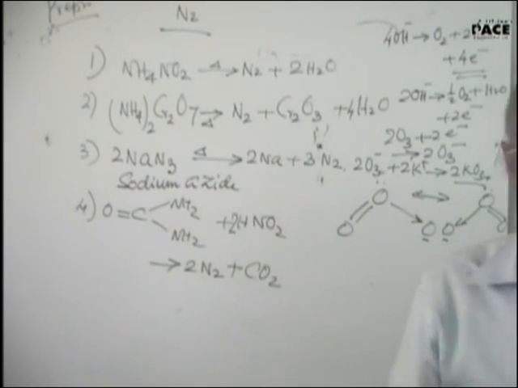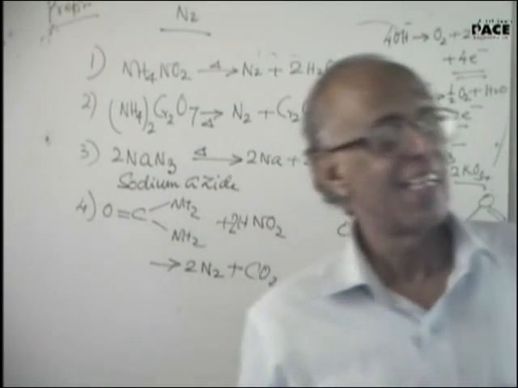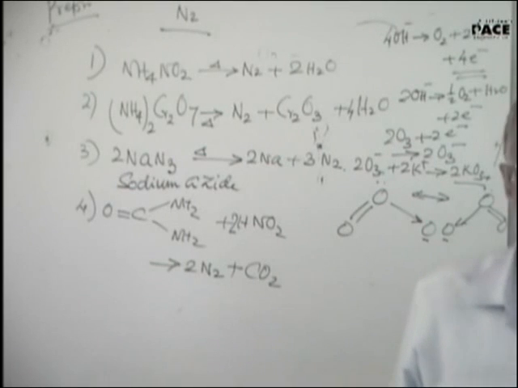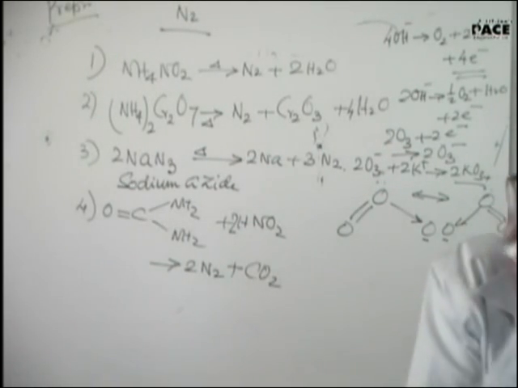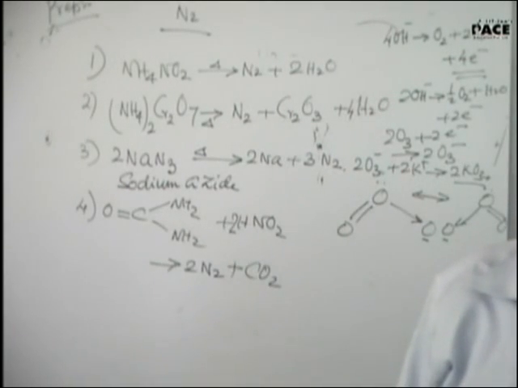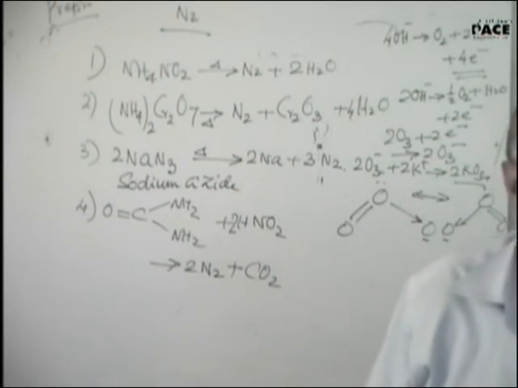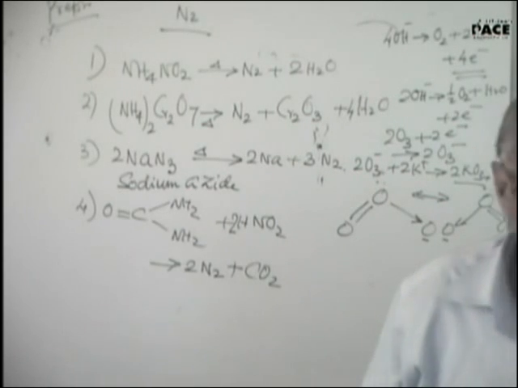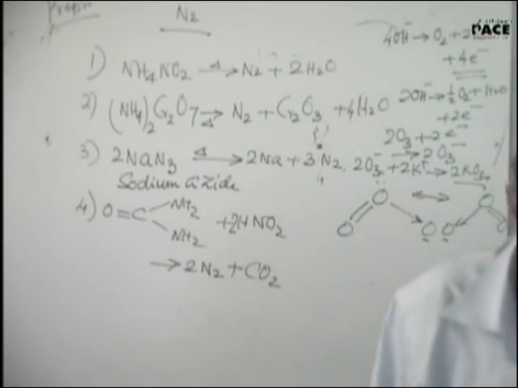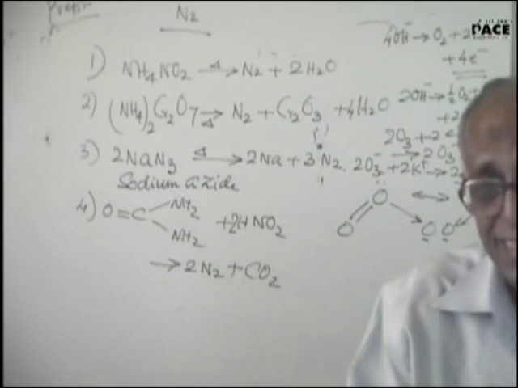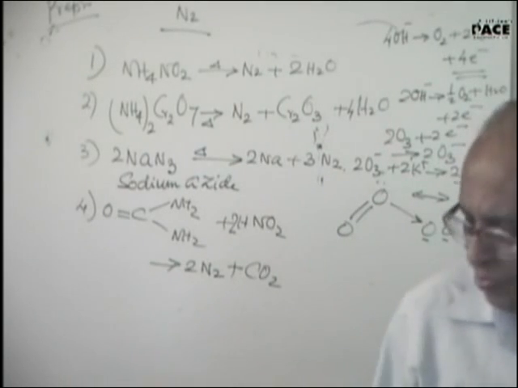A student asked me to give a mechanism for this reaction, and I felt very bad that for every reaction I can give a mechanism, why not this one? I was not getting a source of electrons.